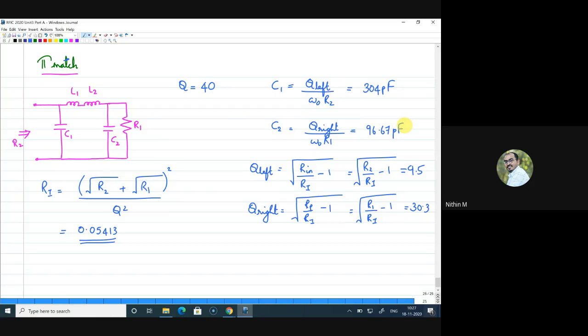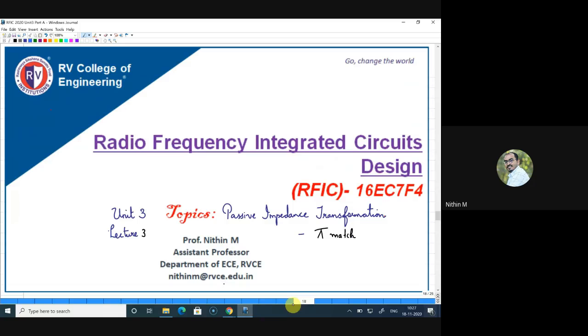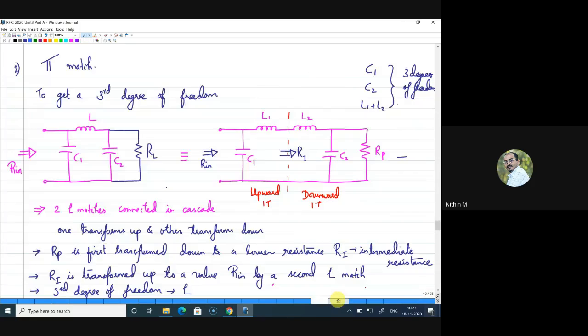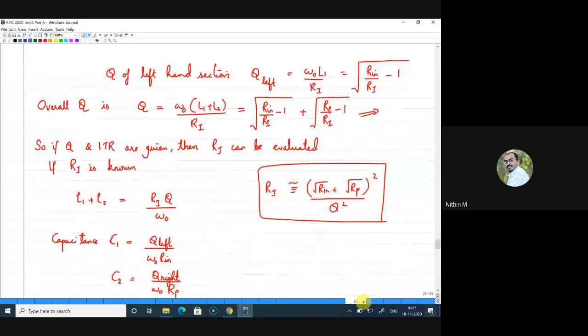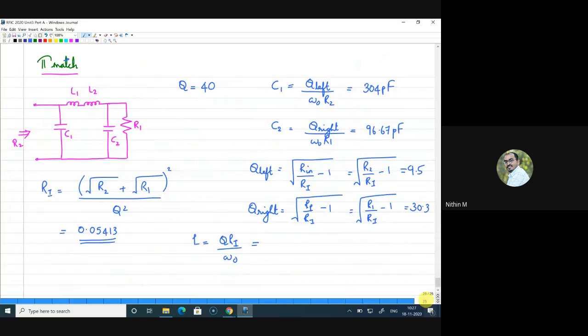All right, so now with all this you can find the inductance value. Inductance value can be written as L is equal to Q into Ri by omega naught, and L is nothing but L1 plus L2.